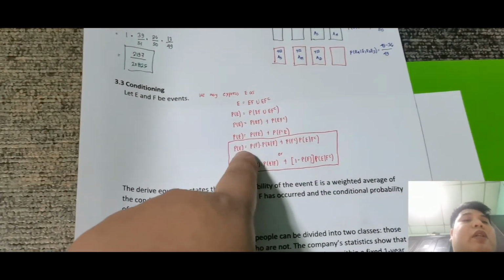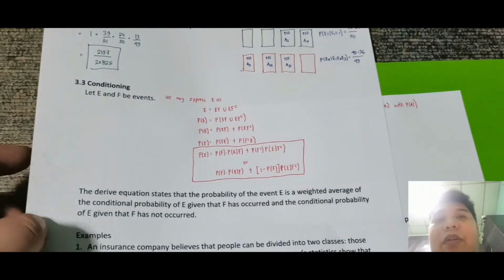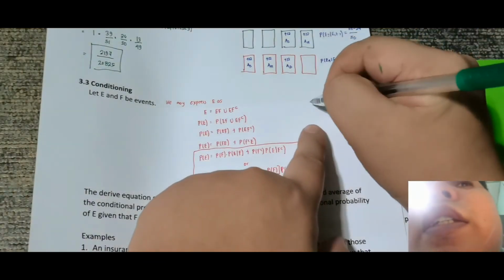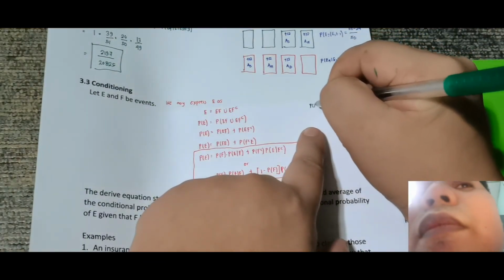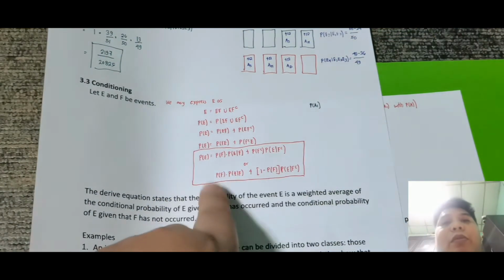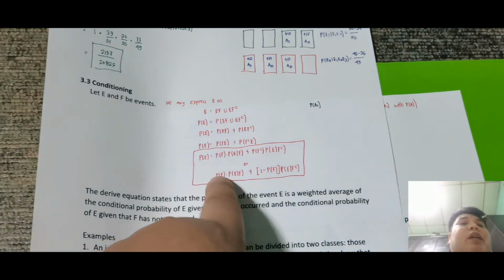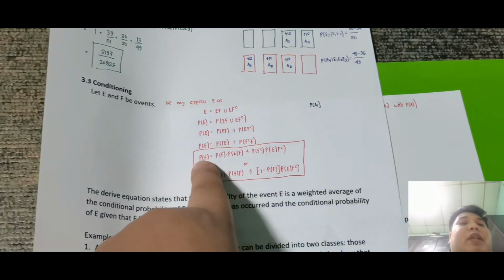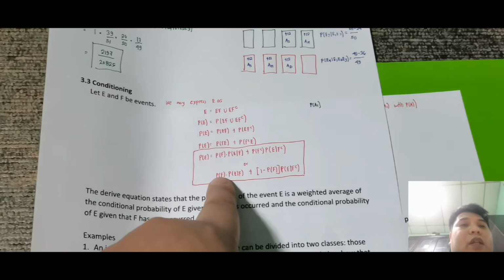Okay, so ano yung gagawin natin? Sir, meron ka pong probability of A sub 1. Okay, gusto mo po sir is apply dito sa formula. Kung probability of A sub 1 to, ito ay probability of A. Tapos ito yung A sub 1 given that A has occurred.